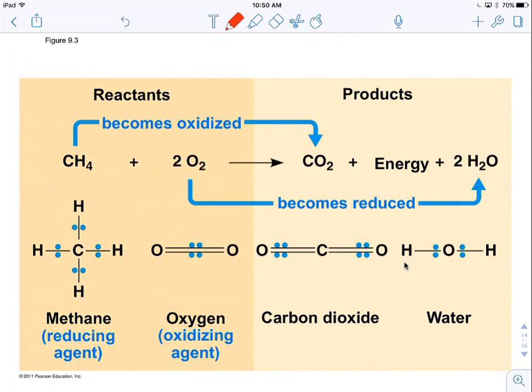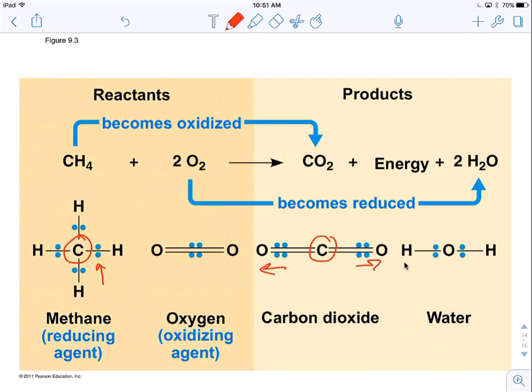So if you look here, methane is a nonpolar compound, so there's kind of an even sharing of the electrons, okay? And then if we just look at the carbon compound on the other side, the product is carbon dioxide. And because now it's paired with oxygen, oxygen has a much higher electronegativity, so it's going to hog the electrons, attract the electrons towards itself.